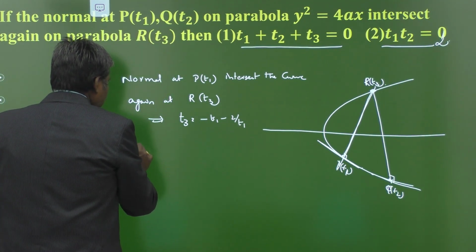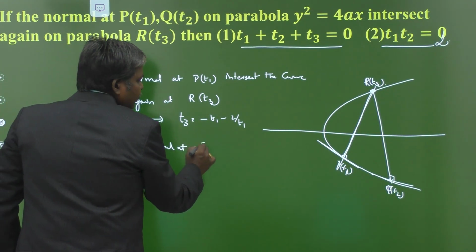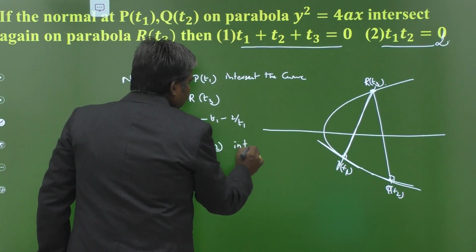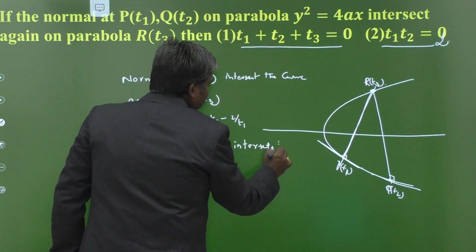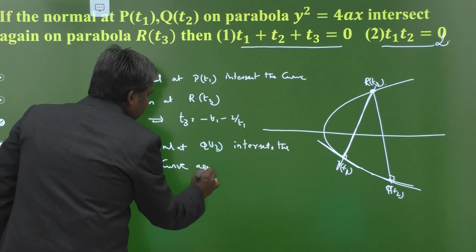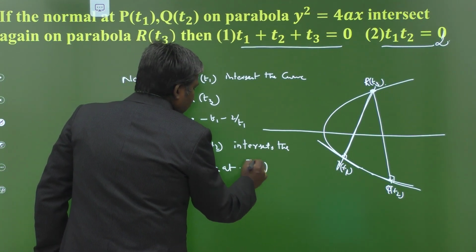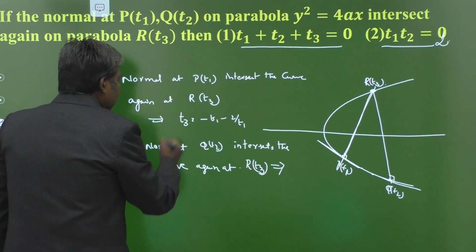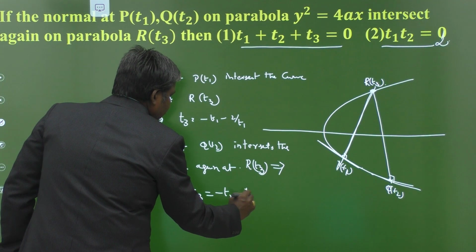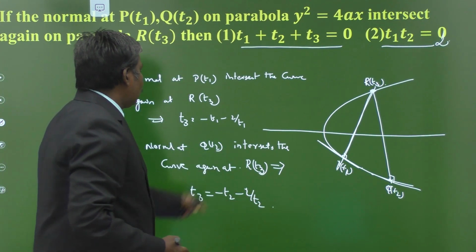Similarly, the normal at Q(t2) intersects the curve again at R(t3). This implies you can write t3 is equal to minus t2 minus 2 by t2.